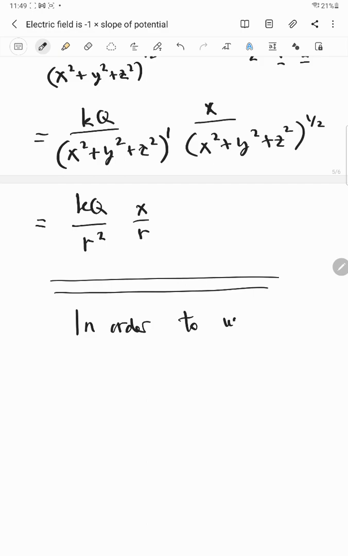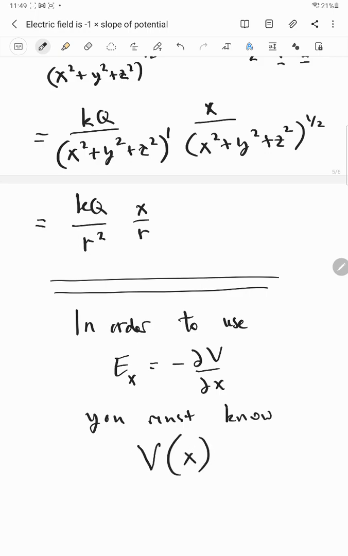In order to use, for example, this expression, you must know at least how V varies with x. If you don't know that, then you might be misled, because you'll take the derivative of some function that doesn't show you how the potential varies if x changes.